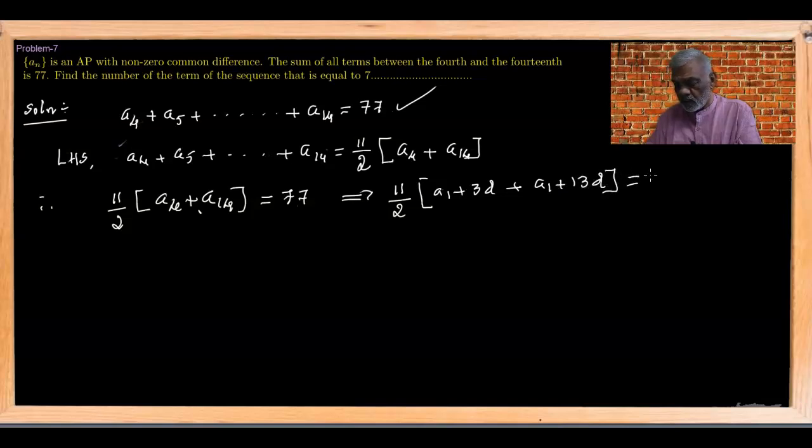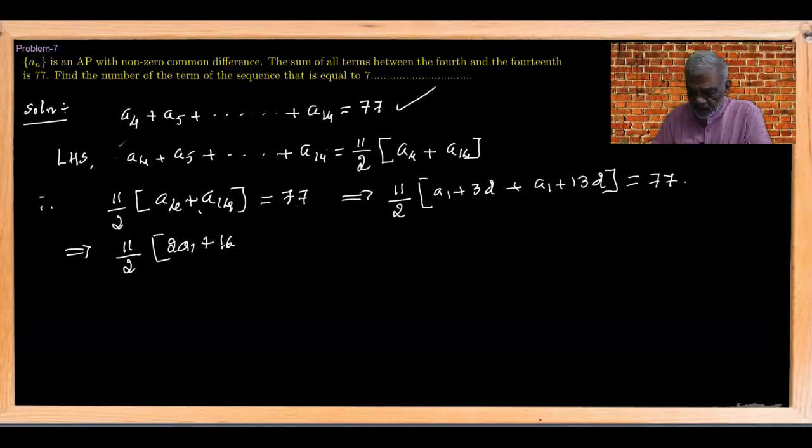So I can write this as 11 by 2 into 2A1 plus 3D plus 13D, which is 16D, is equal to 77.